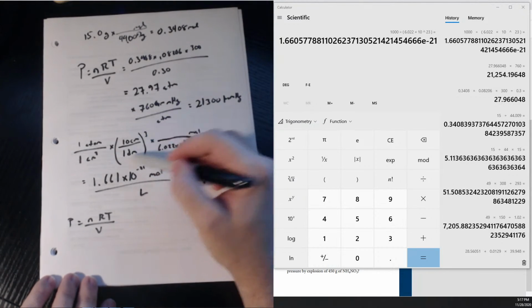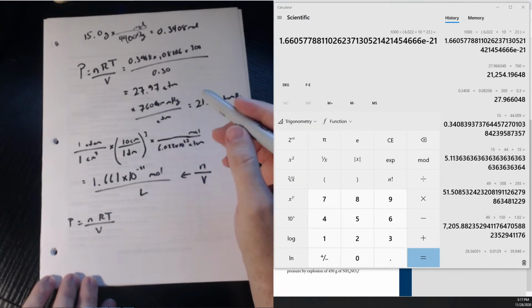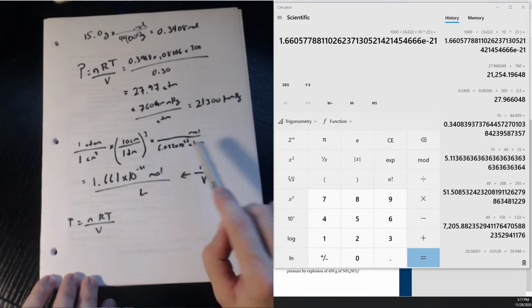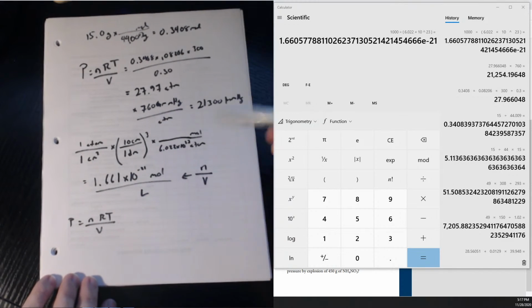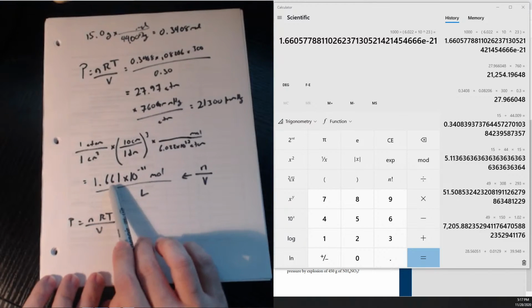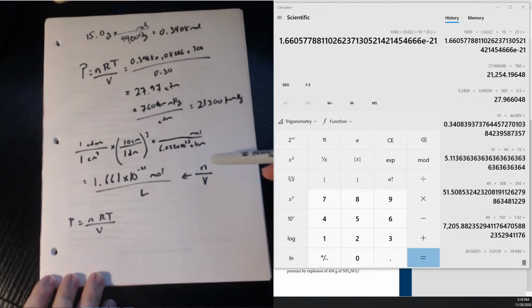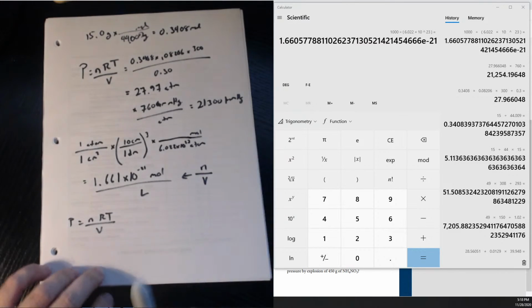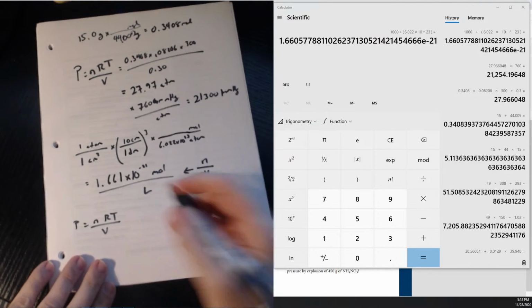You multiply by 1,000 and you've converted to liters. I also converted from atoms to moles using Avogadro's number: there are 6.022 times 10 to the 23rd atoms in a mole, so you divide by it and get 1.661 times 10 to the negative 21st moles per liter, that is n over V. So we multiply that by RT, and we'll get the pressure in atmospheres.